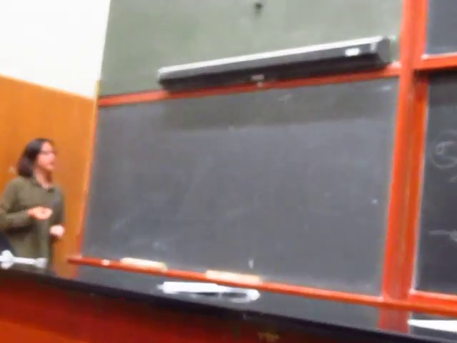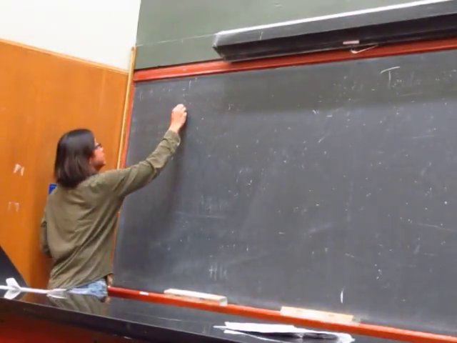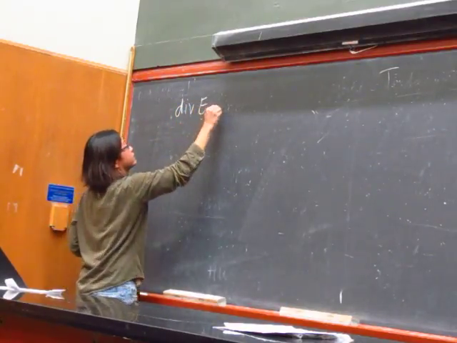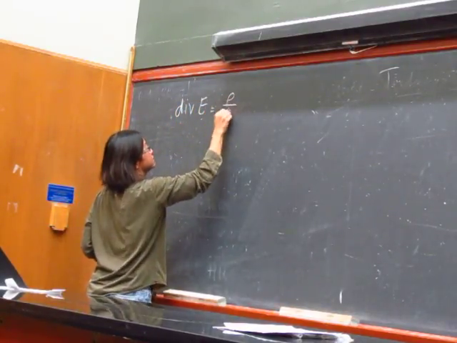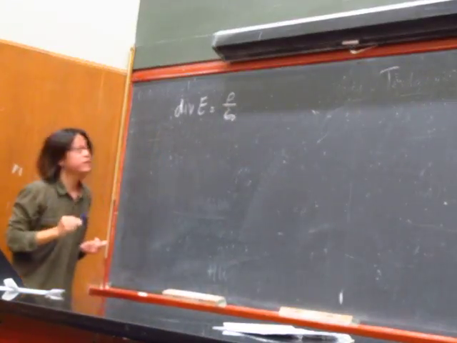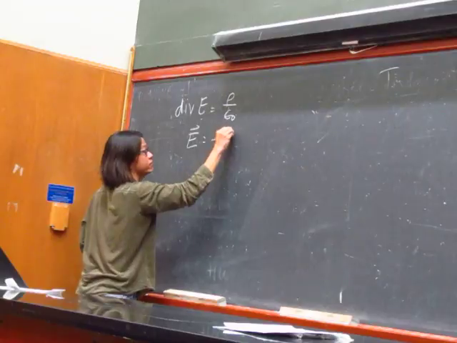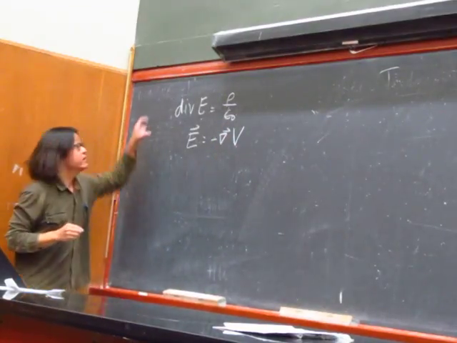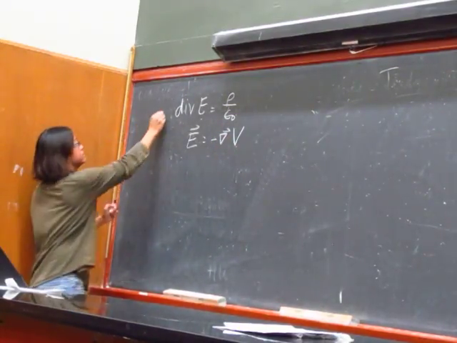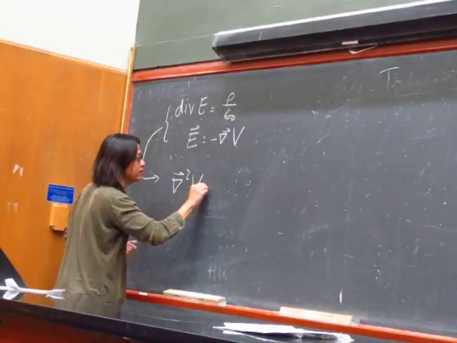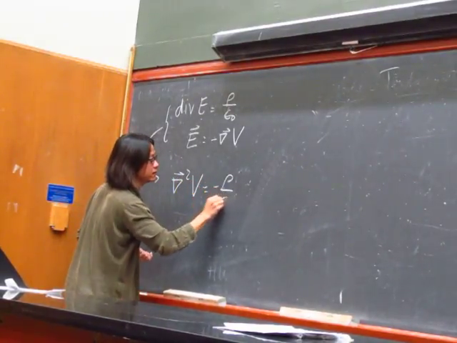So how did we end last Wednesday? We found that the divergence of the electric field is equal to rho over epsilon naught, right? And also we know that the electric field is given by the gradient of potential, right? These two equations give you the Laplacian of the potential is equal to minus rho over epsilon naught.